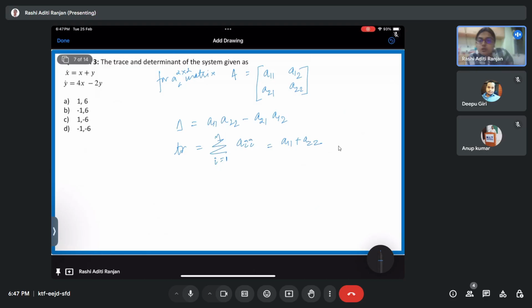So if I want to write this in matrix form, how can I write? See, I have x dot and then I have y dot, right?